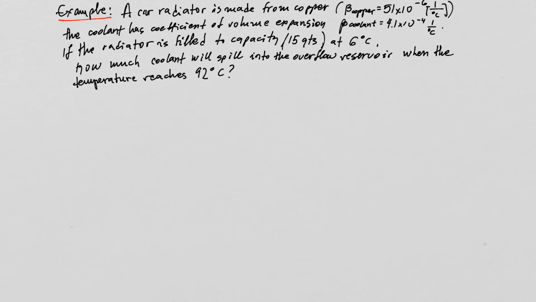So to solve this problem, I'm going to calculate the change in volume for the radiator and then for the coolant. And then I'll take the difference, and that's going to give me the amount of coolant that's going to spill into the overflow reservoir. First, I calculate the change in temperature, delta T, that's 92 degrees Celsius minus 6 degrees Celsius, that is 86 degrees Celsius.